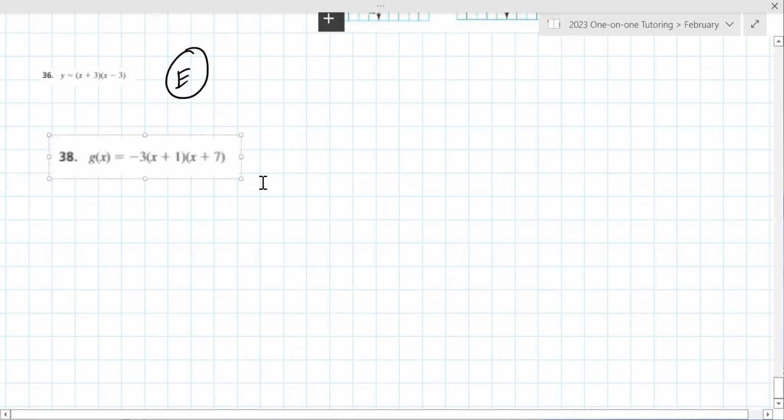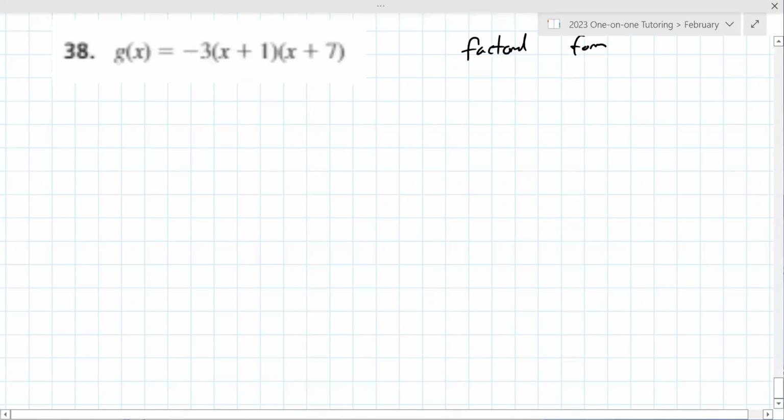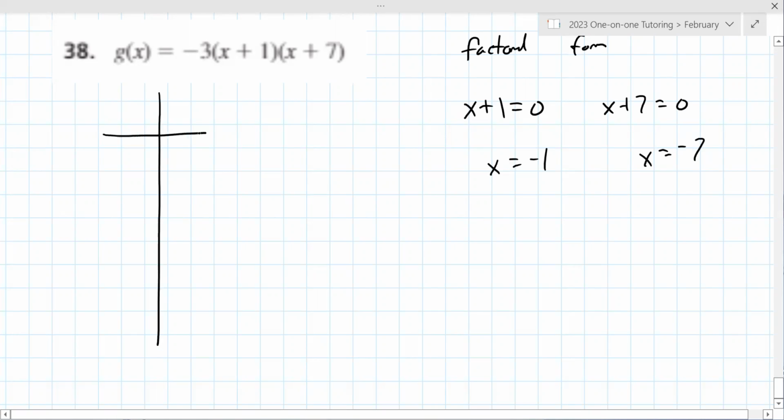So notice 38's already in factored form, which makes it easy to find the zeros. So zeros are equal to -1 and -7. Good. So where is the vertex, just between?